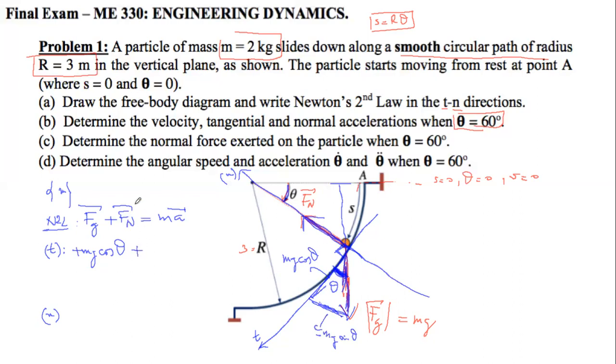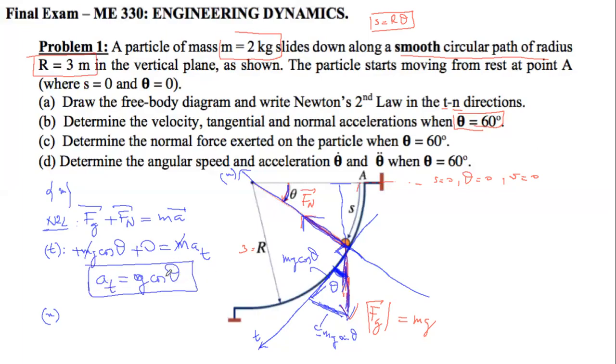What's the normal force along the tangential direction? It is 0. And this has to be equal to m a tangential. Let's simplify by m, and you will find that the tangential component of the acceleration is g cosine theta. Is this a constant acceleration for the tangential direction?